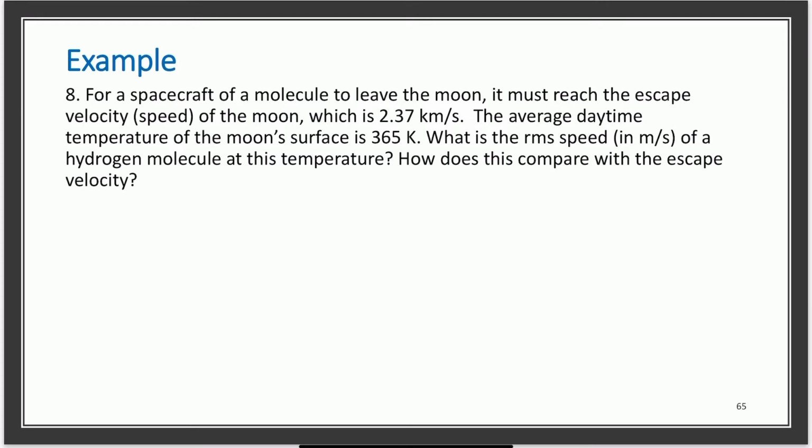So we're trying to reach the escape velocity or speed, 2.37 kilometers per second. Average daytime temperature of the moon's surface is 365 K. What is the root mean squared speed in meters per second for a hydrogen molecule at this temperature, and how does it compare with the escape velocity?